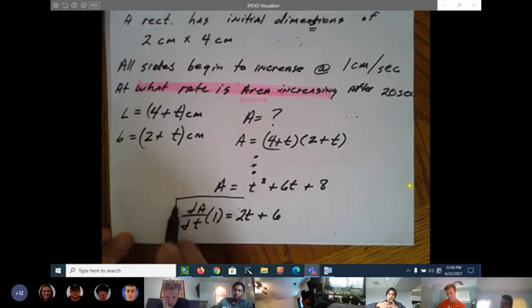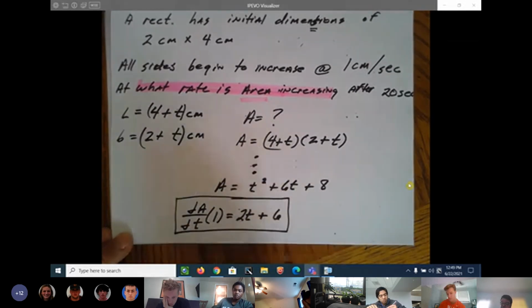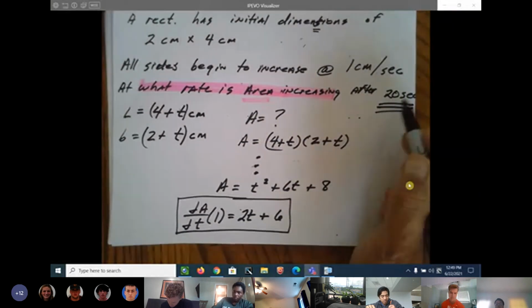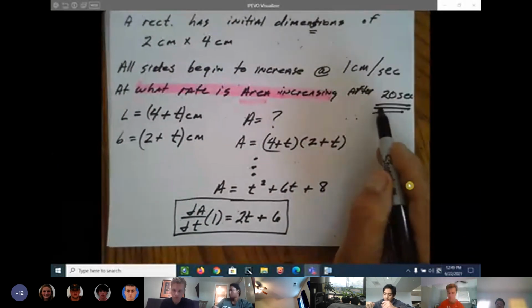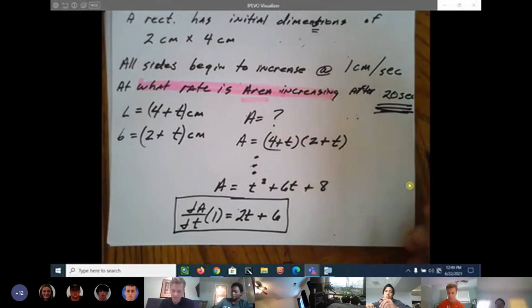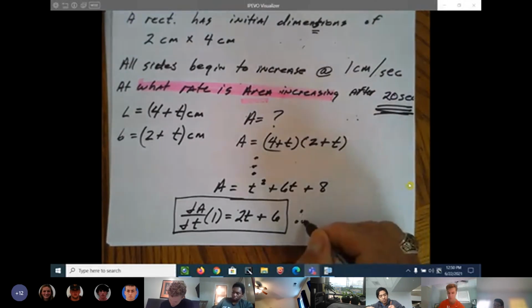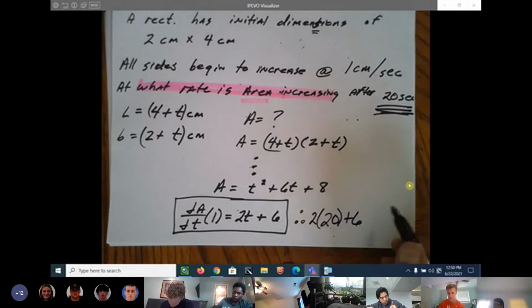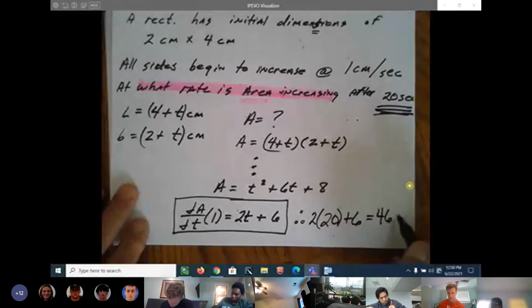So here's your formula. All you need to do now is plug and chug. What are you going to plug in? 20. So therefore, 20 times 2 plus 6 is 46. 46 centimeters squared per second.